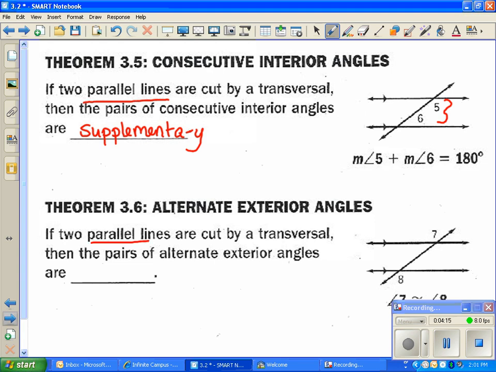Alternate exterior, if you've got parallel lines, they're always going to be congruent. And that works backwards. If the alternate exterior angles are congruent, then they're going to be parallel lines. So it may ask you, how do you know these lines are parallel? Well, if you find that alternate exterior angles are equal, then you can say because the alternate exterior angles are equal or congruent.